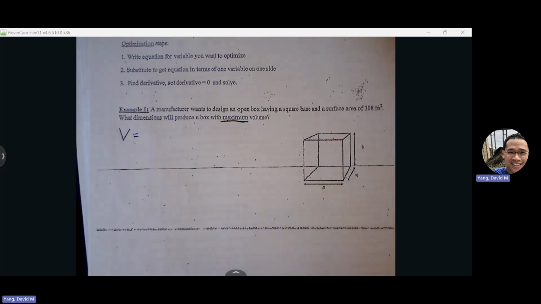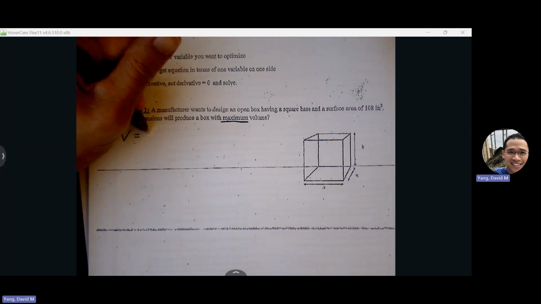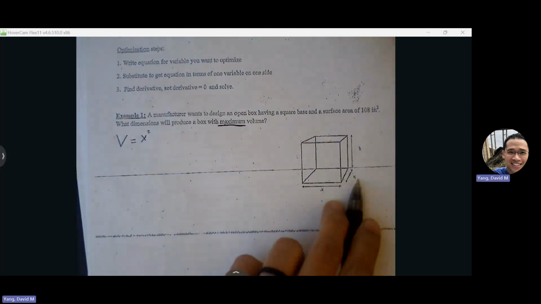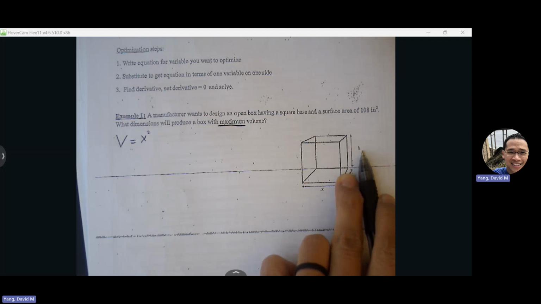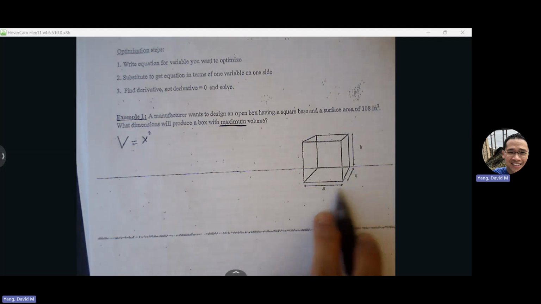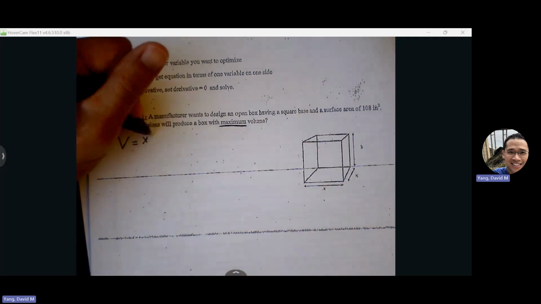So 3 dimensions, right? So a box, find the length, find the width, find the height, multiply those together. We have a square base, so we know the dimensions for the length and the width will be the same. So we can say x squared.